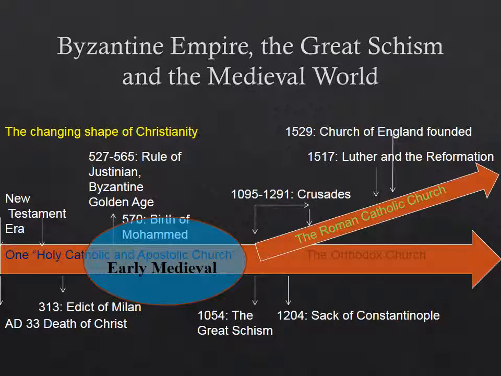So to help us understand where we are in the timeline, we'll take a look at this chart. The area encircled in blue is roughly the time period that we'll be looking at this week, and you'll notice that that overlaps with the lectures that we've had over the past couple of weeks with the Byzantine Empire and the rise of early Islamic empires. So all of this is happening contemporaneous with the things that we have been discussing over the past couple of weeks.